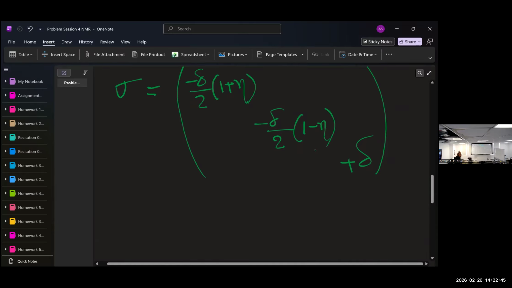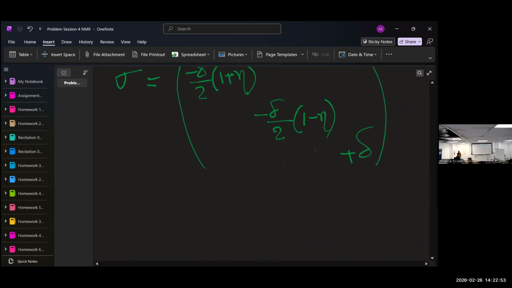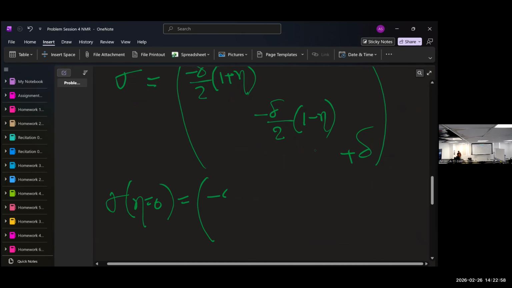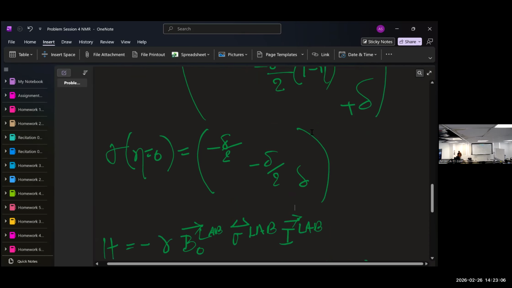Now what happens to this tensor if eta equals 0? Or a rhombic. So this is the tensor that I get: minus delta over 2, minus delta over 2, delta.